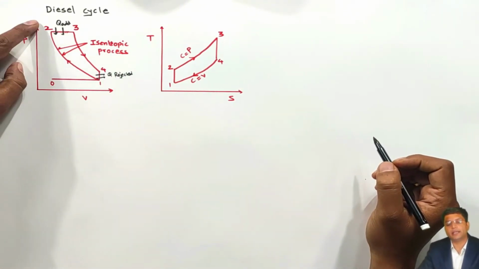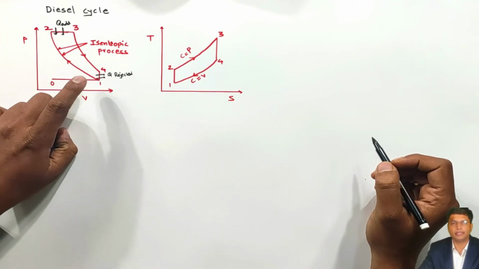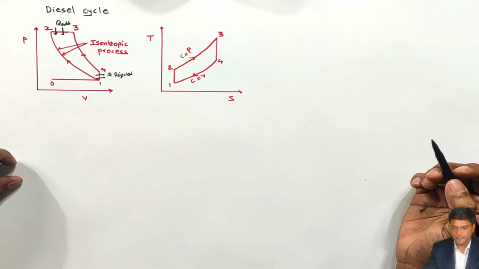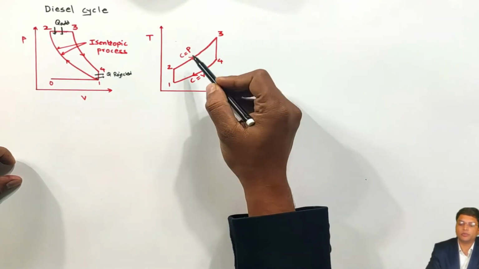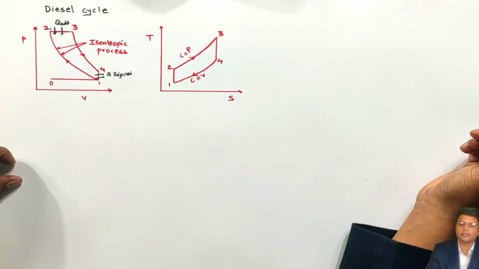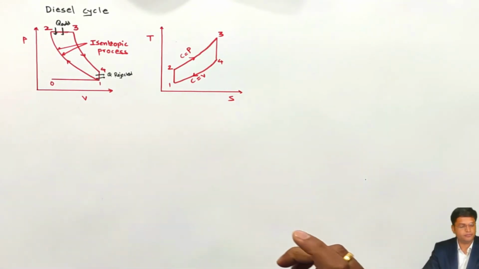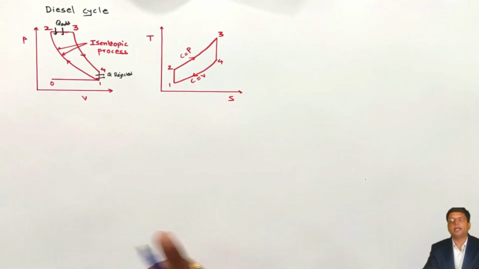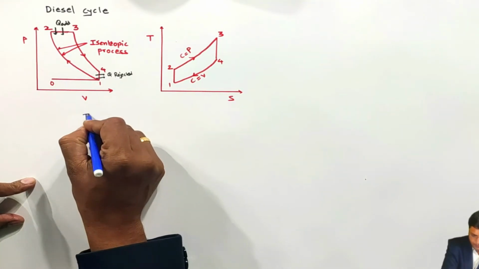Now heat addition is at constant pressure and heat rejection at constant volume. It is the same as the Otto cycle, and in this TS diagram we can see the process 2 to 3 is a constant pressure process and process 4 to 1 is a constant volume process. Now the same formula is applied for this cycle to find the thermal efficiency.